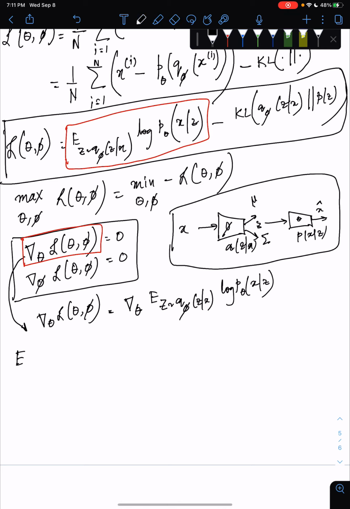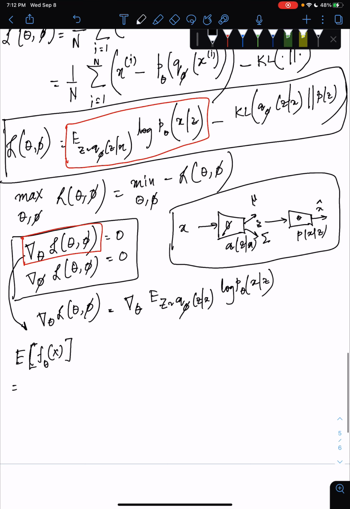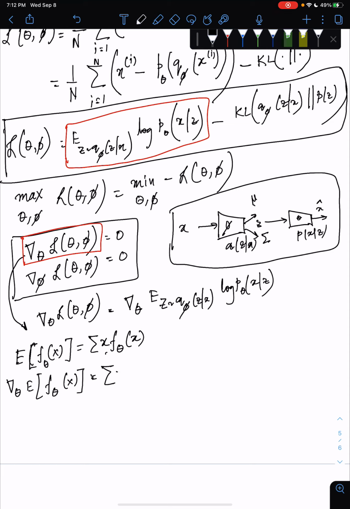Suppose I've got an expectation of f(x), and this f is actually parameterized by theta. This thing can be written as this. Now I'm taking the derivative of this, which is nothing but x1 f theta of x1 plus this.